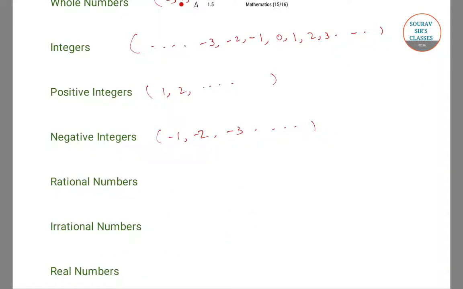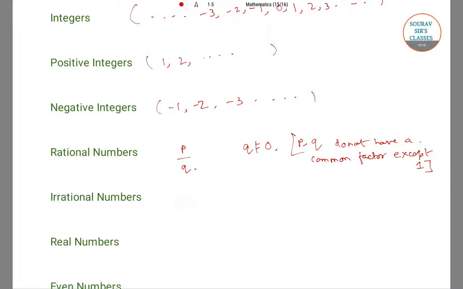Rational numbers are all the numbers which can be expressed in the form of p divided by q, where q is not equal to 0 and p and q do not have any common divisors except 1. Irrational numbers are those numbers that cannot be expressed in the form of p by q, where q is not equal to 0 and p and q do not have any common factors except 1.